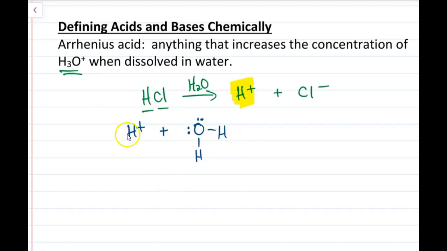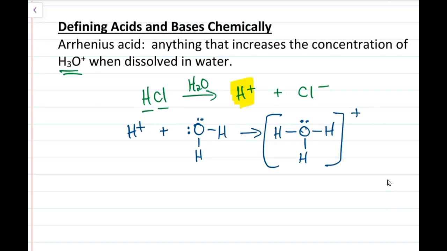So what happens is this H+ comes over and uses both of these two electrons to covalently bond to the water molecule, and the result of that is going to be this. I'll put it in brackets because it's a polyatomic ion, it's going to have a +1 charge. So this is the hydronium ion that Arrhenius is referring to.